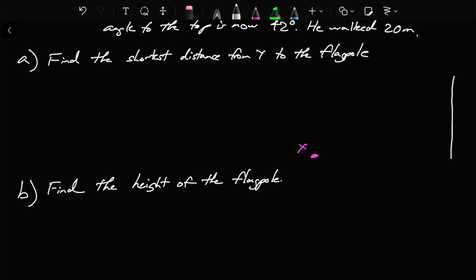Now, we're going to assume that we're working with flat ground. You can obviously clarify with your teacher if you're not convinced. Okay, so we can sort of draw this line here, like this. We can assume this is a right angle. Okay, this is kind of our flagpole.